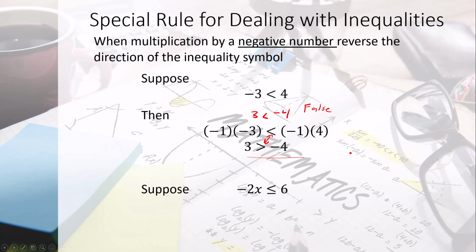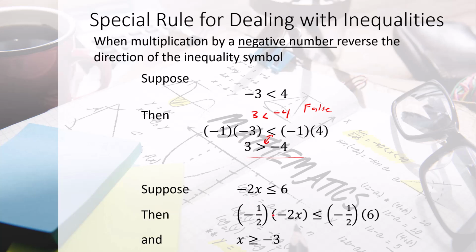So another example, suppose we have -2x is less than or equal to 6. To solve this, I want to multiply both sides by -1/2. And if I do, I need to change the direction of the sign to preserve the inequality. My result is going to be x is greater than or equal to -3. Does that make sense? Well, yeah.